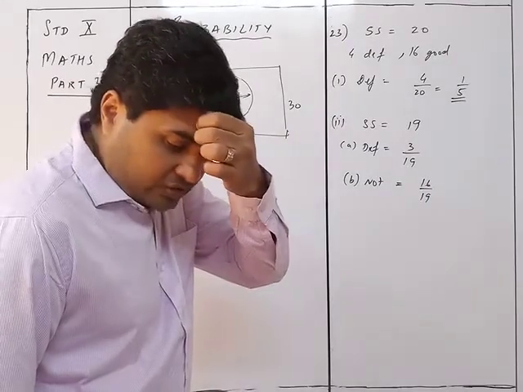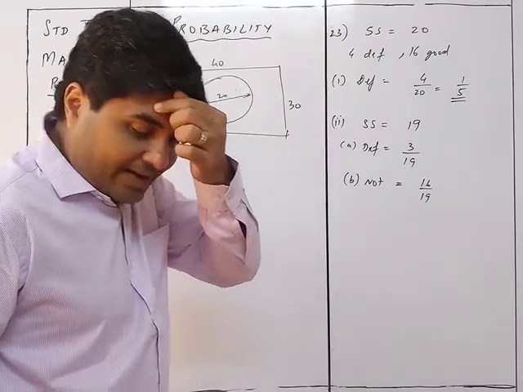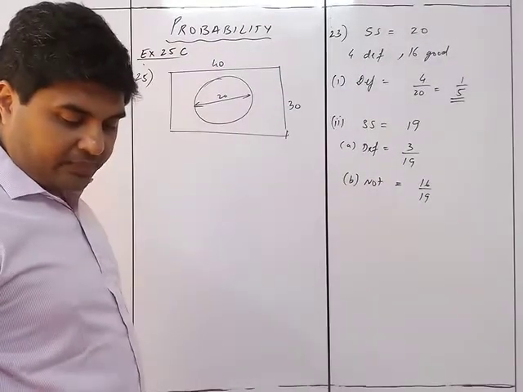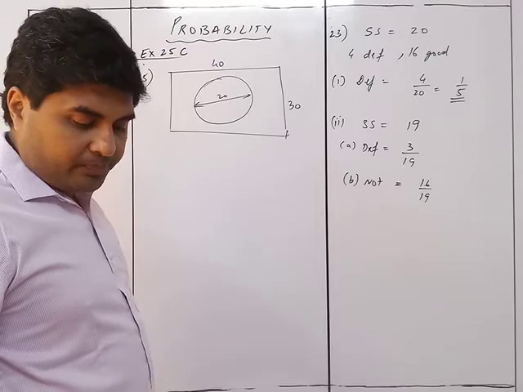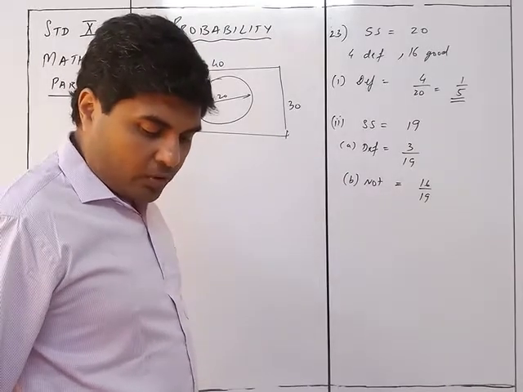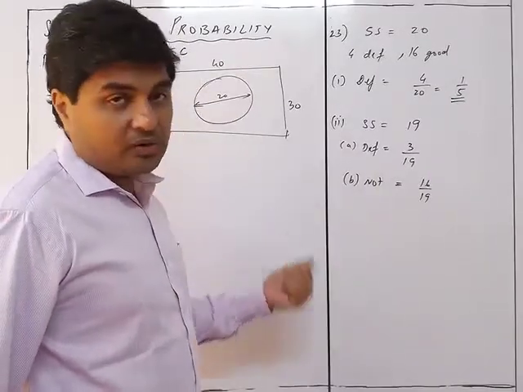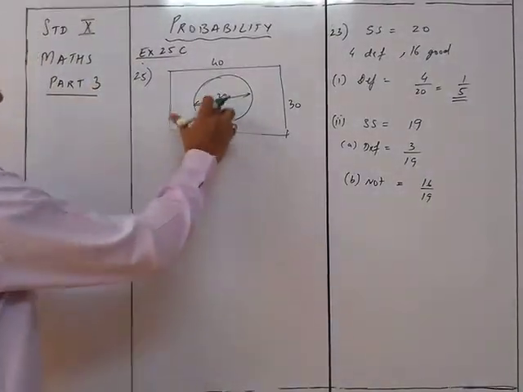This paper is kept horizontally on the table and a dice, very small in size, is dropped on the rectangular paper without looking towards it. If the dice lands on the paper only, find the probability that it lands inside the circle or outside the circle. So whether it is lying here or here.